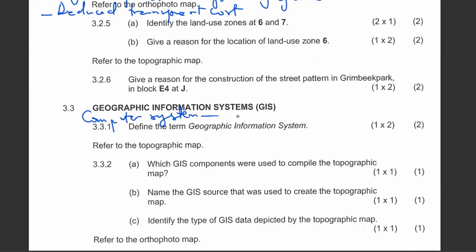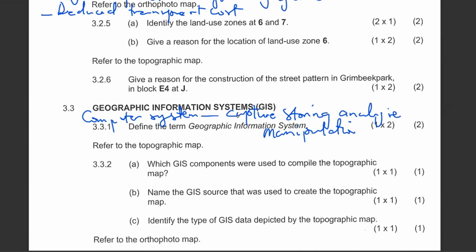which is used to do what? It's used for capturing data or storing or analysis or manipulation and all those uses of geographical data.